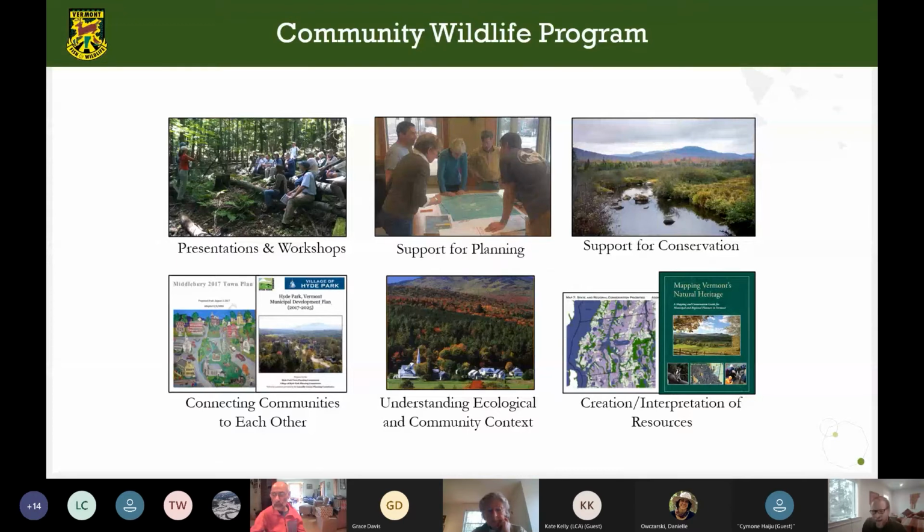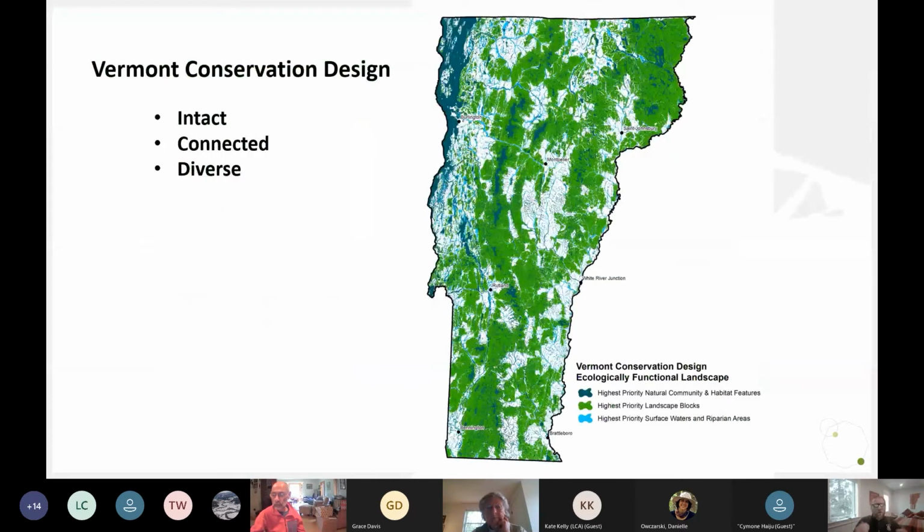And when I think about the river corridor, one of the principal ways that I bring this into the work that I do is through Vermont conservation design. And here is a selection of forest blocks and the river system that are most important for ecological function into the future. And so when I work with municipalities, I talk a lot about this system needing to be intact, connected, and diverse.